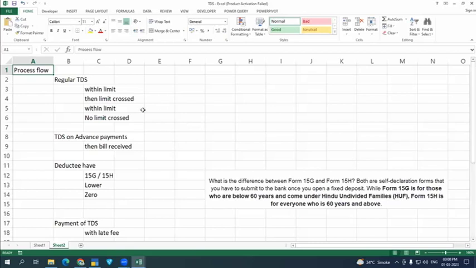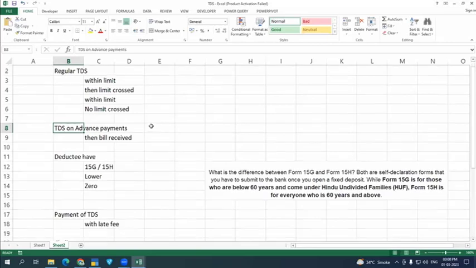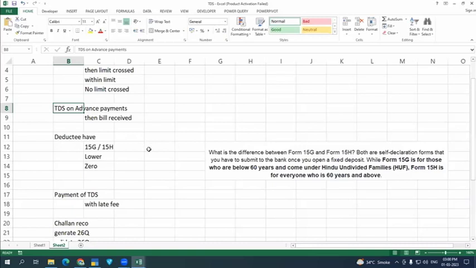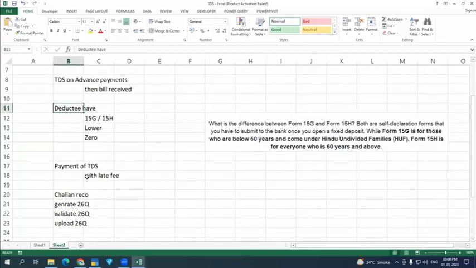So one is regular TDS. Then we're going to see TDS on advance payments. In this scenario, first an advance is given, then the purchase invoice or service invoice is received. Then deduction of TDS in case of 15G, 15H, which means lower or zero rated deduction declarations.